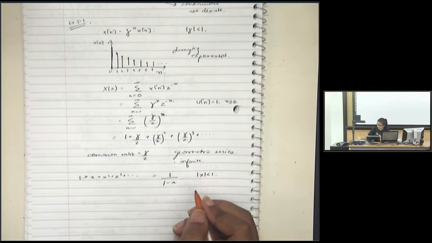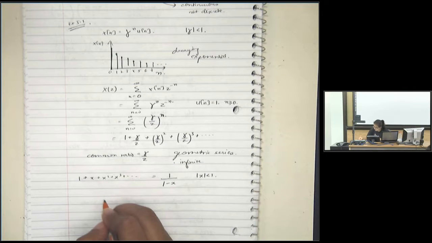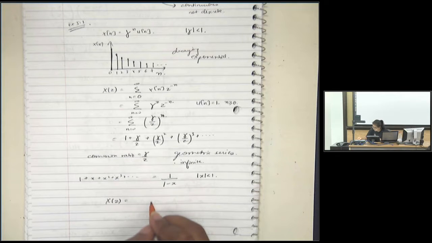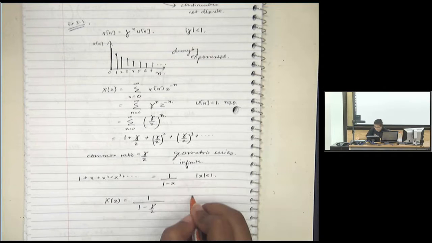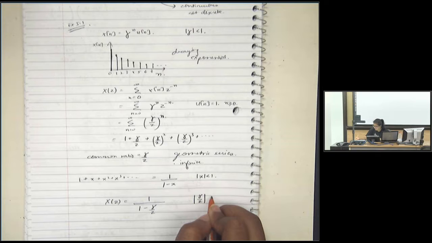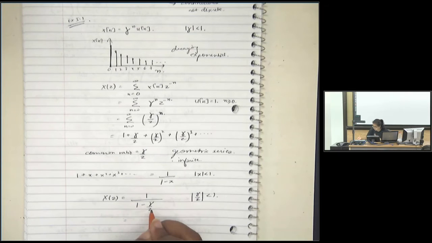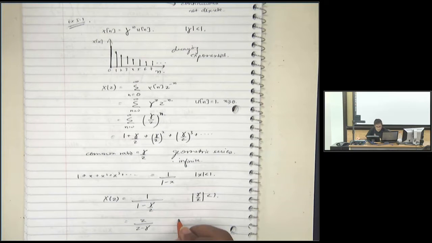Alright, so again this is a geometric series, so X(z) will just be a sum. So applying this formula, we'll have 1 over 1 minus gamma over z, and this is when the absolute value of gamma over z is less than 1. Okay, just simplifying this expression, we'll have absolute value of z greater than gamma.